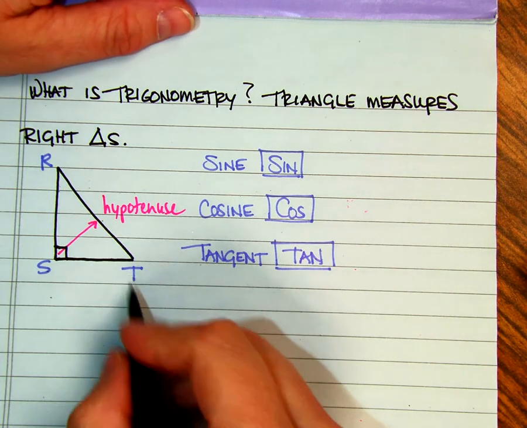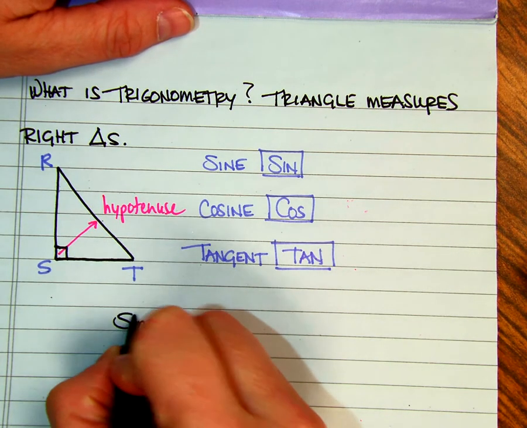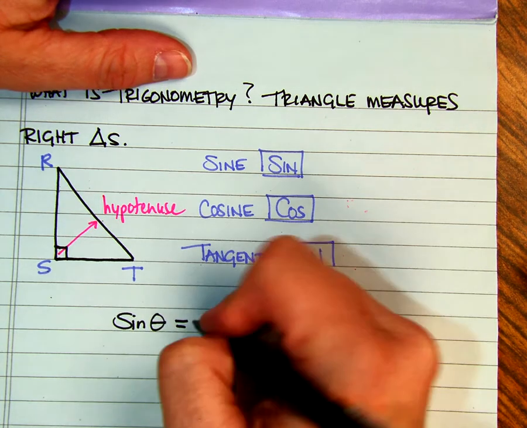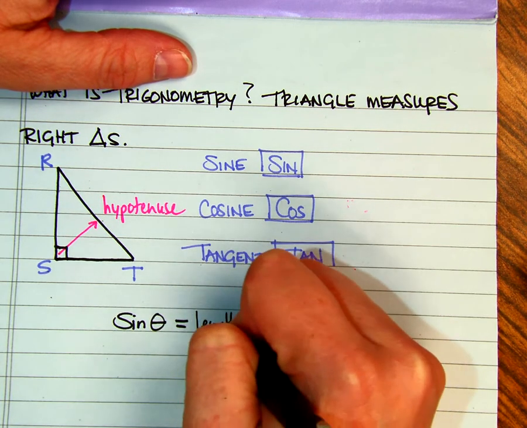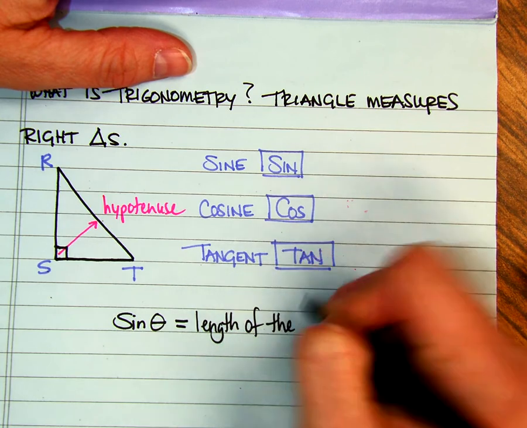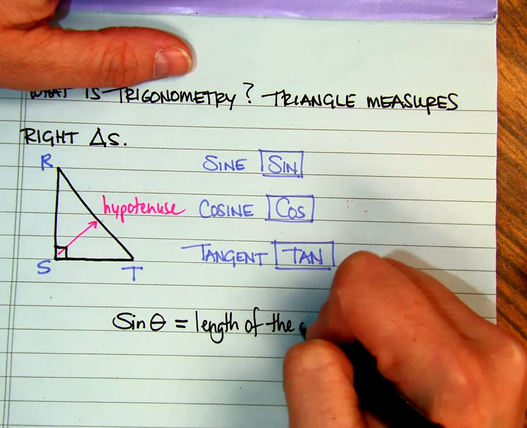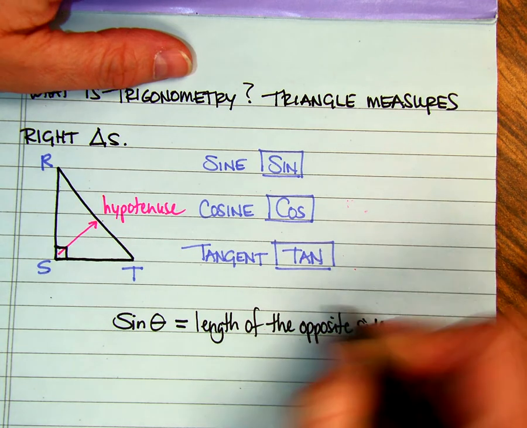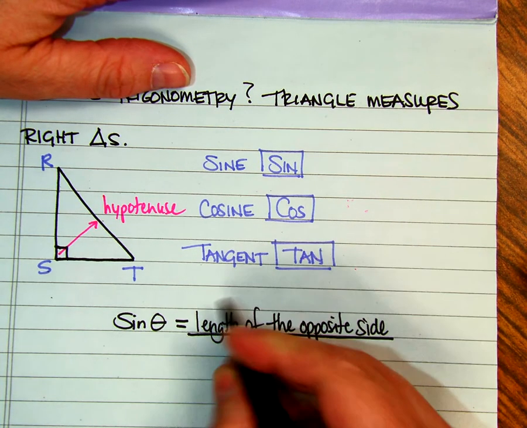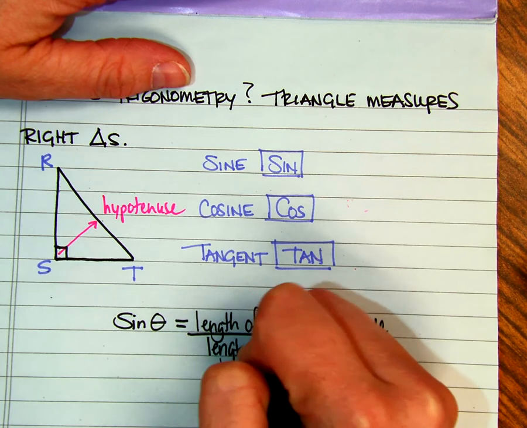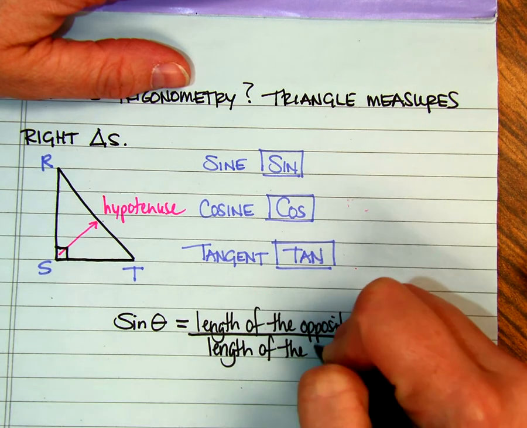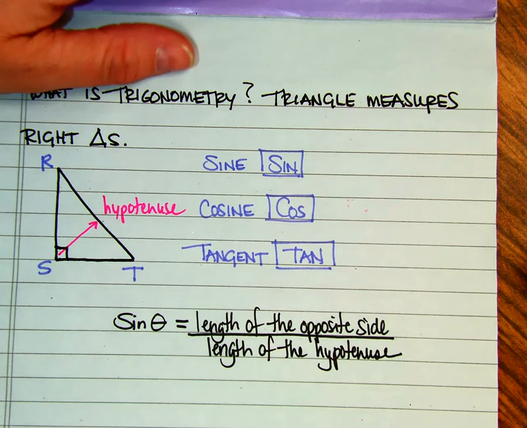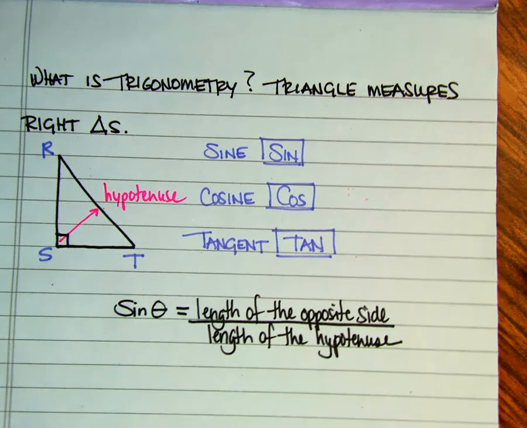So if you have the sine of some angle, we're going to call it theta for right now, the sine of some angle theta equals the length of the opposite side, and that is the ratio of the length of the hypotenuse. Okay, and again, we'll go into more details with this as we go.